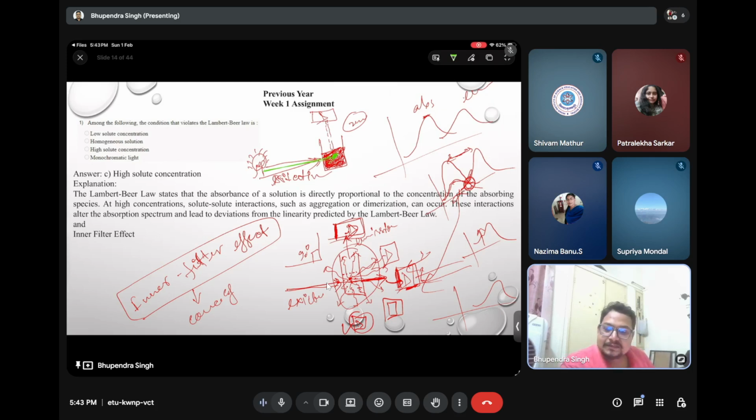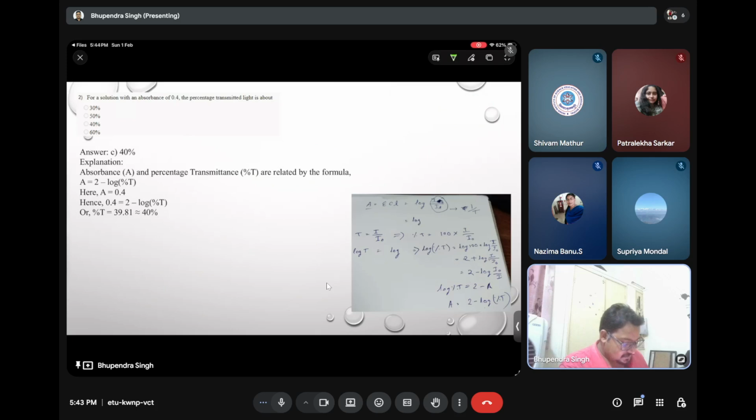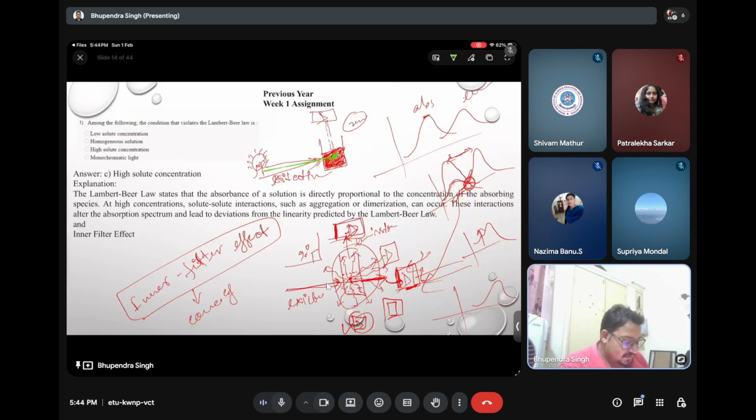So in the highly concentrated sample, what will happen? This light will not reach this green part. It will be absorbed by the molecules here only. But the pinhole was here, so the emission will be here, and it will not reach the detector. So that is why the Lambert-Beer law will fail.